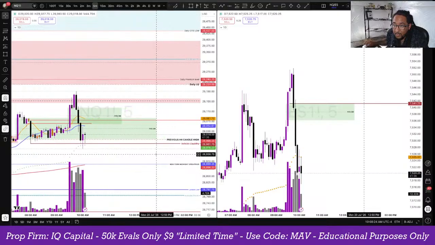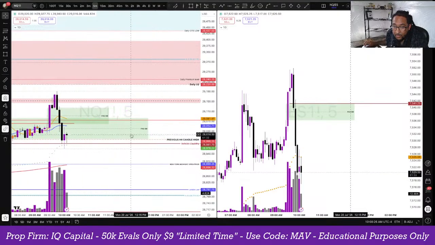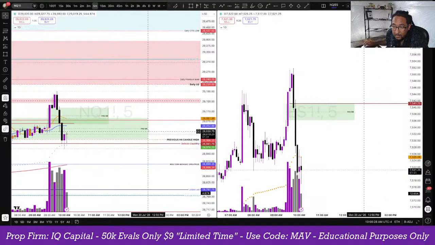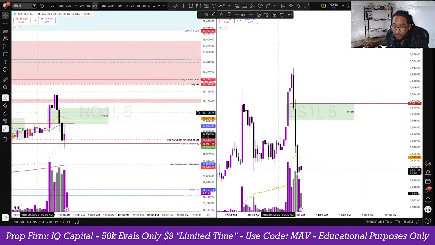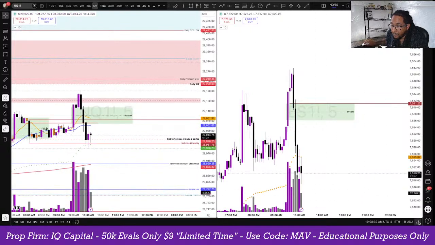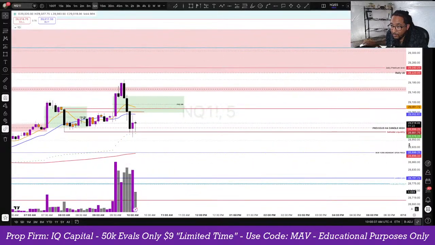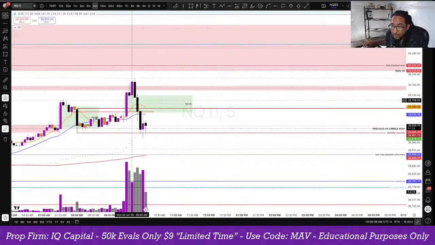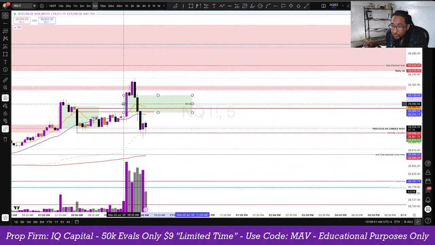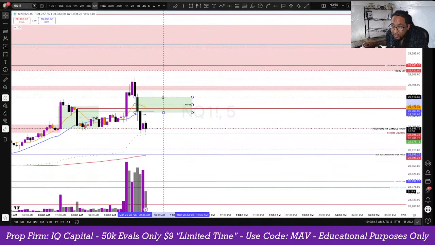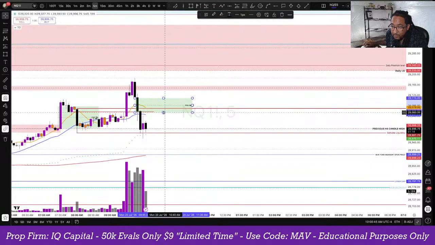lows. Now what we'll do is we'll get rid of this 5 minute here. Open this up here. I like to have one chart open here. And what we'll do is I'll drag it over to this 5 minute inefficiency right here that was created on the way down.